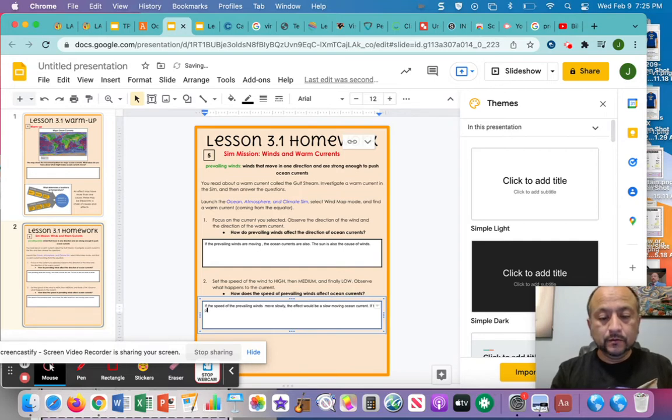If the prevailing winds move faster, the oceans move faster. Okay?